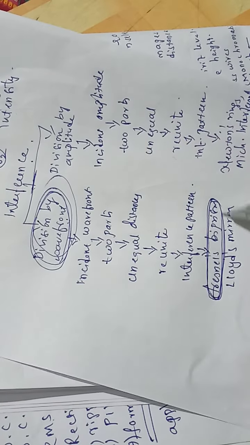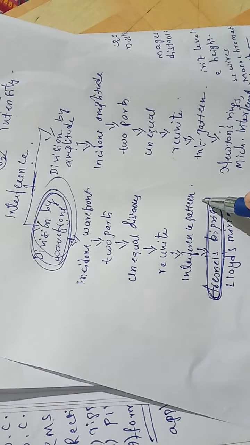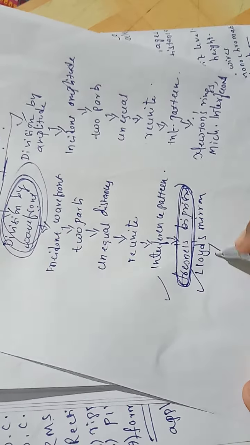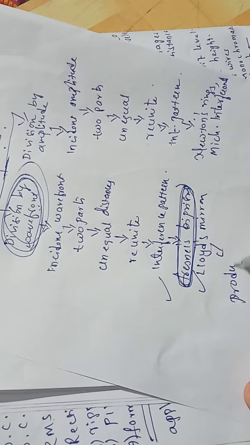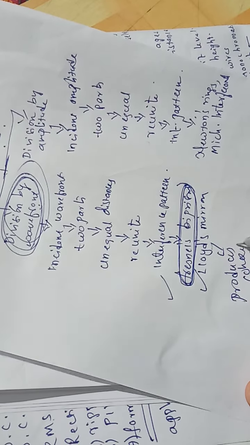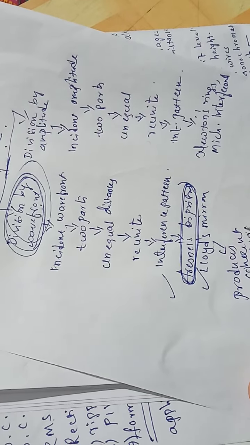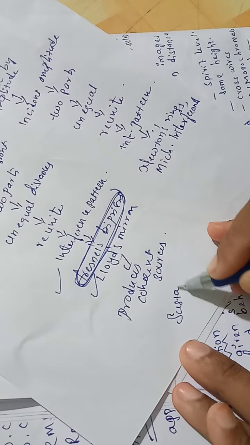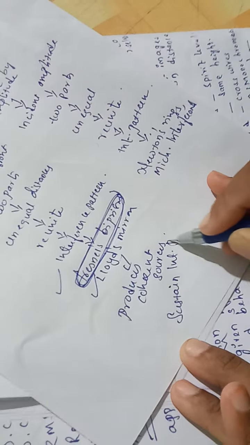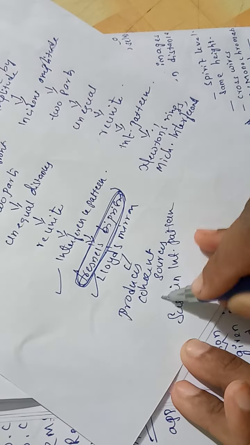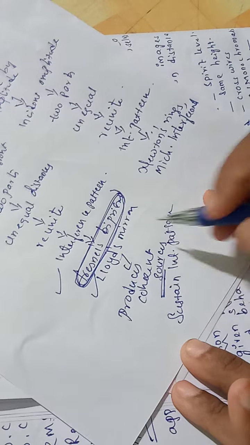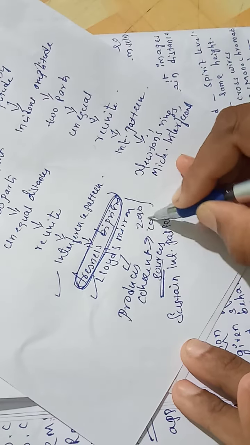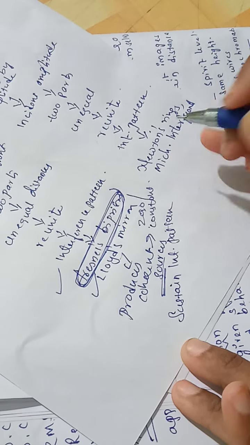Then what is the action of Fresnel's biprism? Either Fresnel's biprism or Lloyd's mirror, these produce coherent sources, because already I said that for a sustained interference pattern we require coherent sources, that is, sources which maintain zero or constant phase relation between themselves.